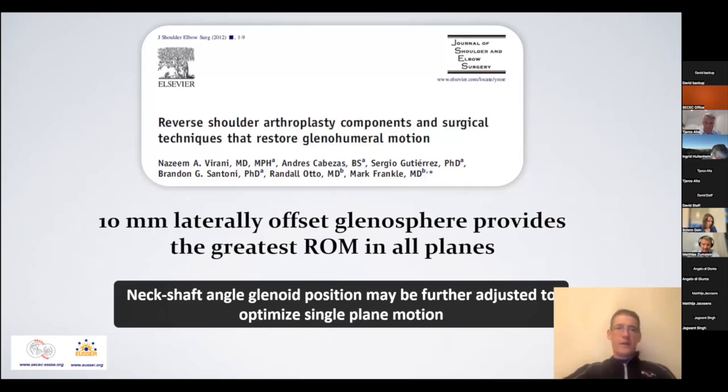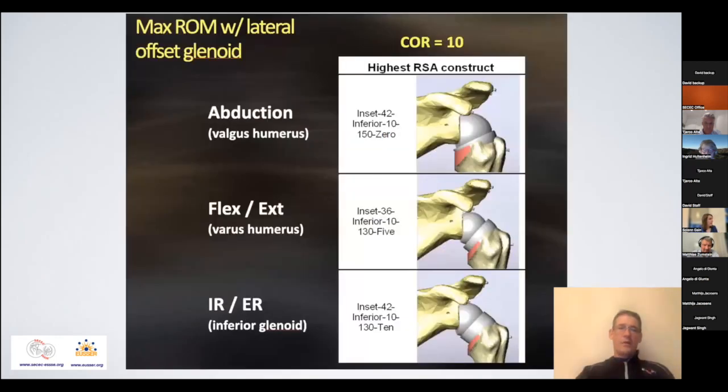Frankel's group in another paper looked at the effect of component design and surgical techniques to restore glenohumeral motion. And their conclusion was that a 10 millimeter laterally offset glenosphere provides the greatest range of motion in all planes, but that the neck shaft glenoid position may be further adjusted to optimize single plane motion. And when they looked into single plane motion, they found for abduction, the optimum construct was a valgus humerus, so 150 cut humerus with an inferior glenosphere, 42 millimeters.